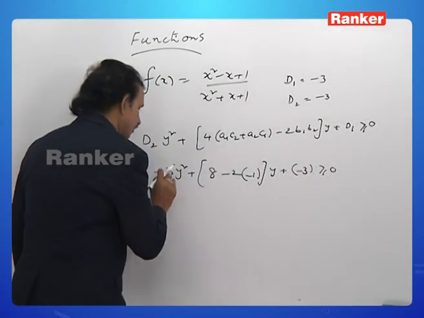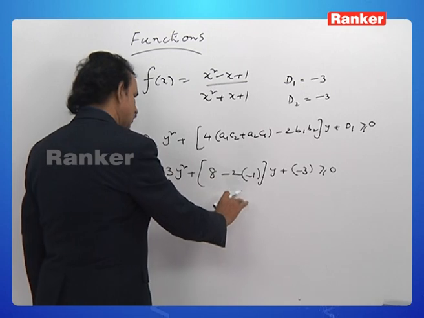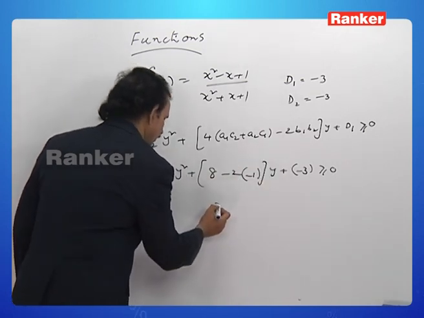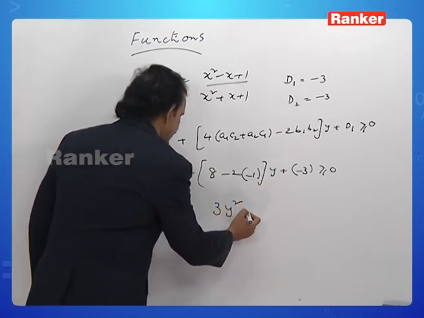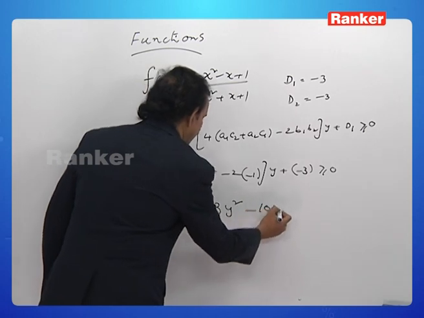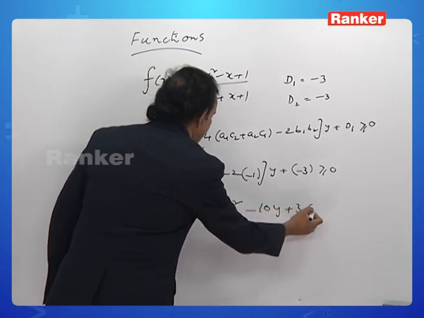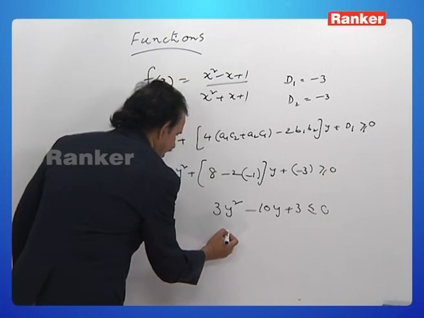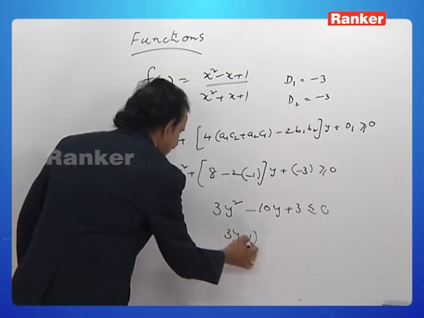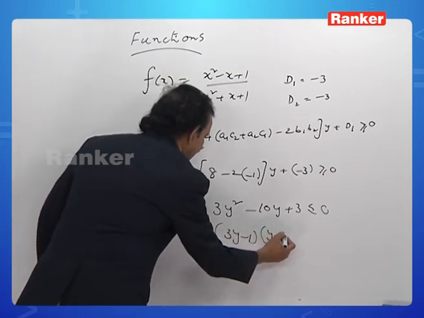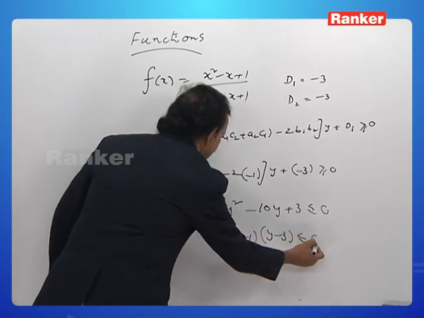So that it is minus 3y square plus 10y minus 3 greater than or equal to 0, which is equivalent to 3y square minus 10y plus 3 less than or equal to 0, or equivalently 3y minus 1 into y minus 3 less than or equal to 0.